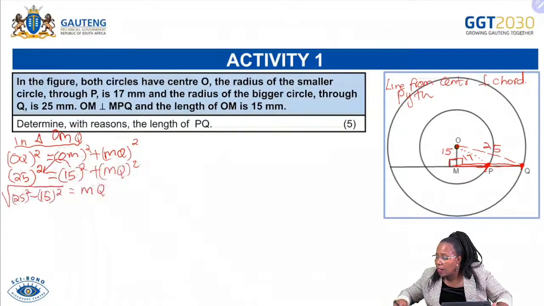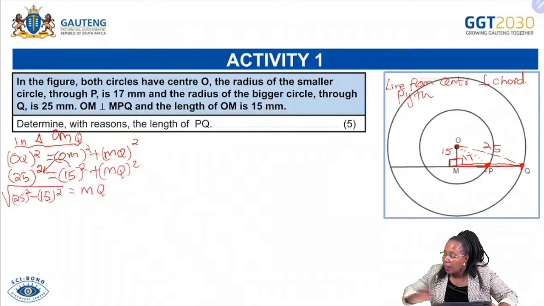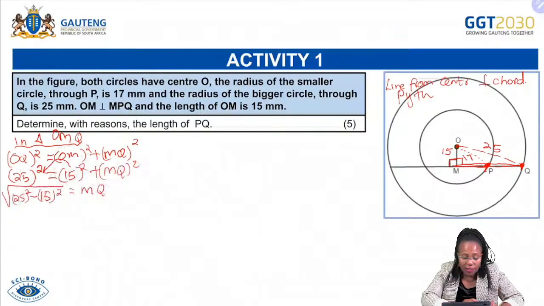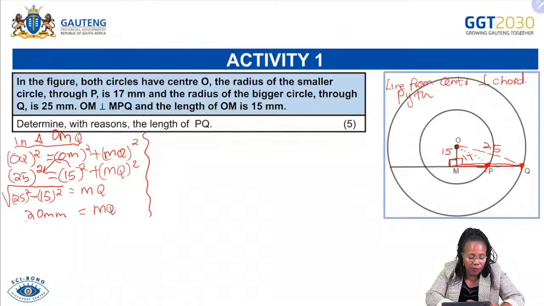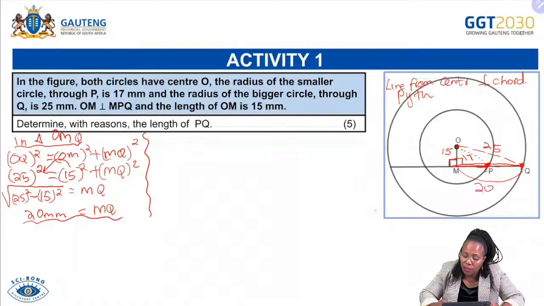And then now we'll end up with the value of the MQ side equal to 20 millimeters. Even if you don't indicate the units, grade 12, you won't be penalized for that. We are interested in the value of that side. That means the whole of MQ now is equal to 20 millimeters.